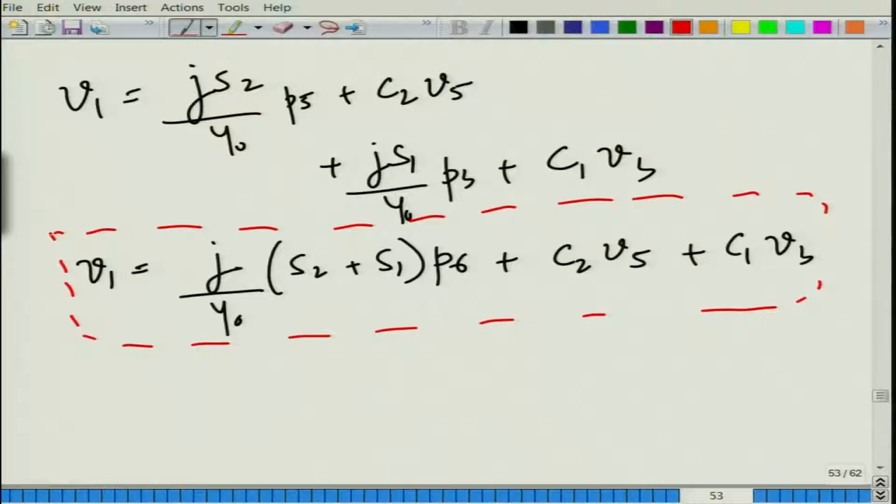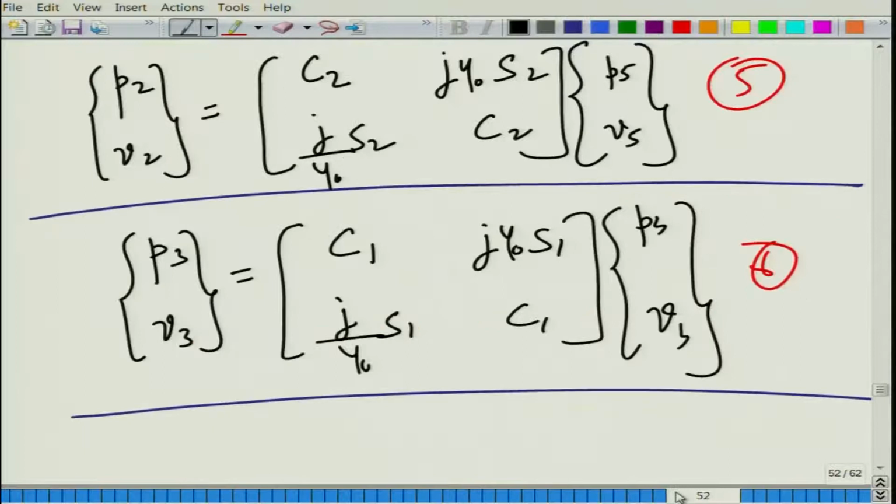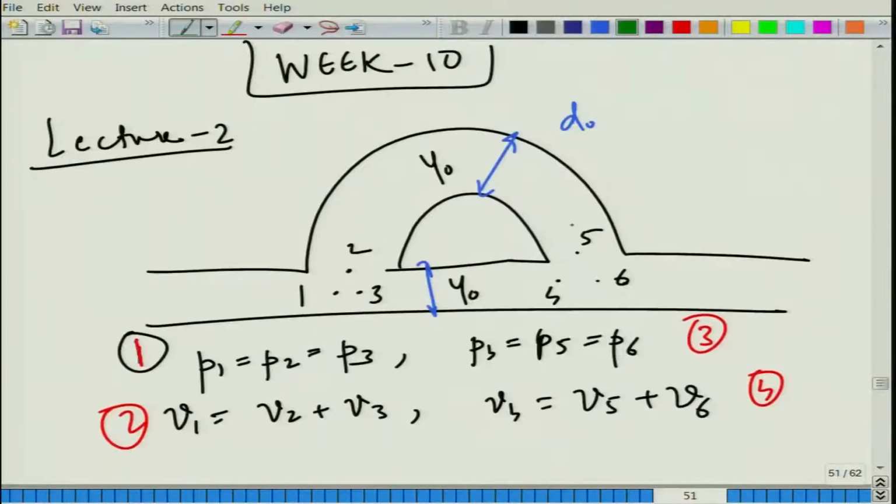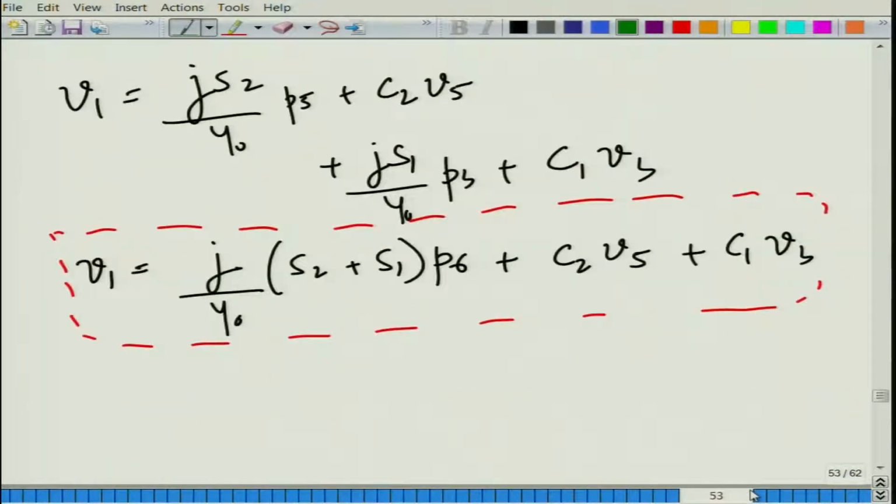Okay. So, now another thing that we can notice from this set of equations is that we can express V5 in terms of V2 and P5, or rather P2 which is basically P1, and P5 which is basically P6. So, eventually V5, that is the mass velocity that comes in this pipe, can be expressed in terms of the pressure here and the pressure downstream. So, that is what we want. This can also be written rather cleanly.